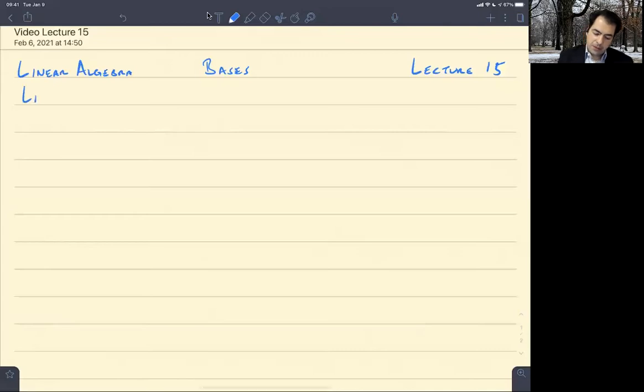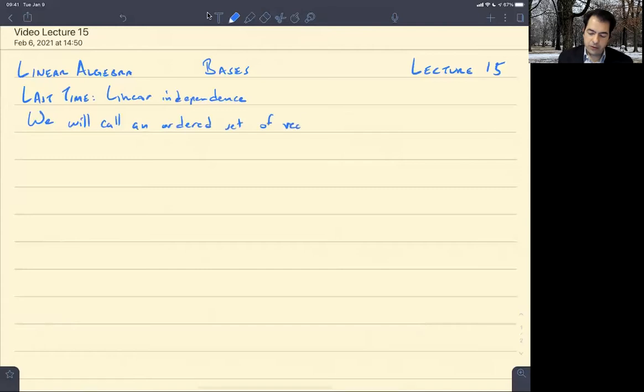So last time, we talked about linear independence. And I mentioned that we will call an ordered set of vectors a list of vectors.